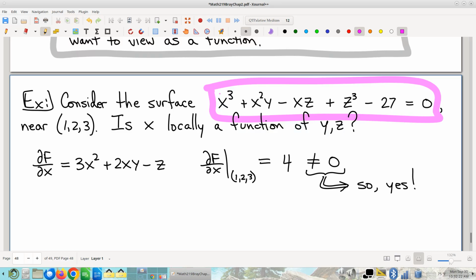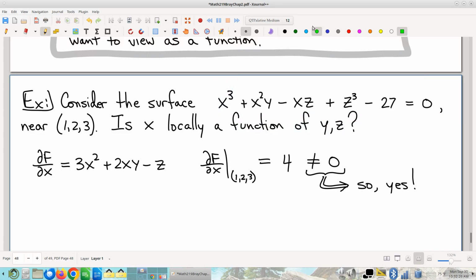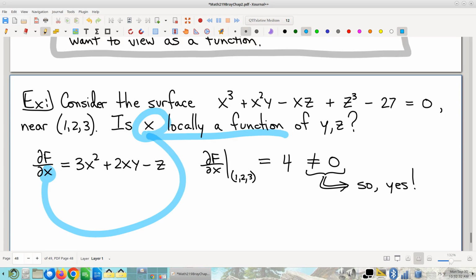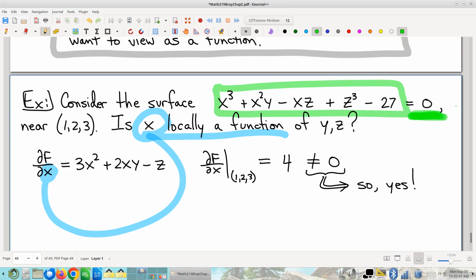But if I want to ask, can x be viewed locally as a function of y and z? I want to view x as being a function. Take a partial with respect to x. What do I take a partial of? Well, whatever function whose level set describes your surface, that's what we take the partial of.